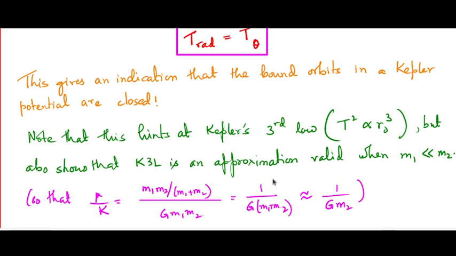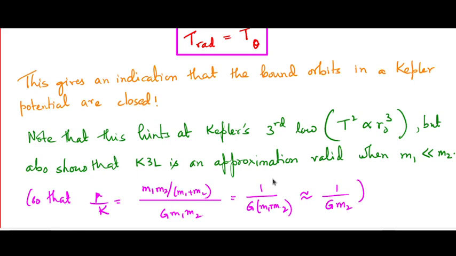Now, k is G m1 m2, and if mu had simply been m1, the mass of the planet, then this result would simply have been 1 over G m2, something which is the same for all the planets in the solar system. However, what you have in the numerator here is mu and not m1.